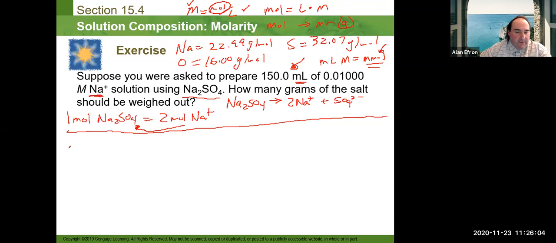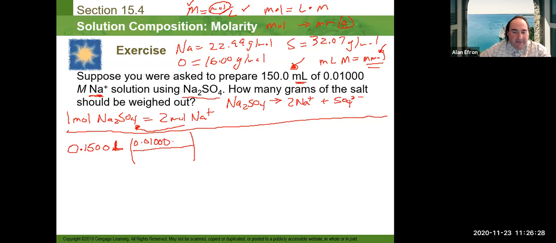So we're going to divide by 1,000, or move our decimal point. We get 0.15 liters. We're going to use the molarity of our sodium ions, which is 0.0100. That's a lot of zeros there.